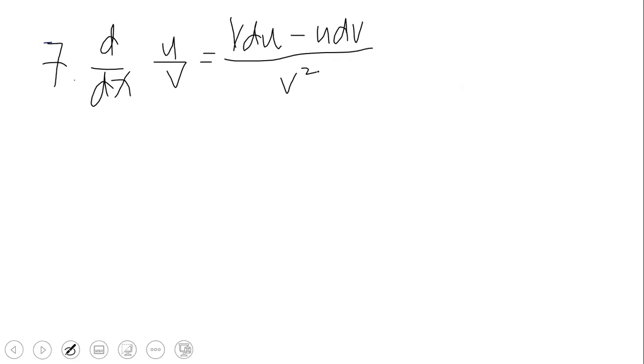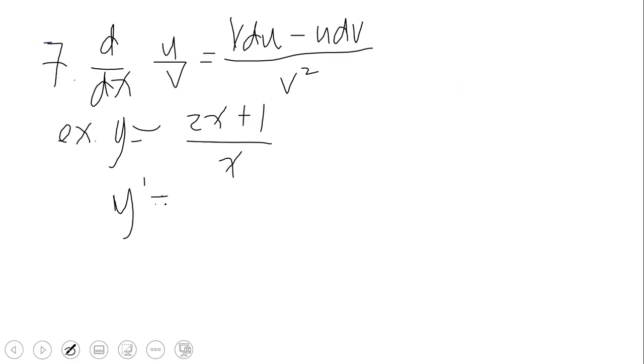Example. So example for this function, y equal to 2x plus 1 over x. So take natin yung differentiation process for this number. Perform natin y equal to, so yung v natin, that will be the x.